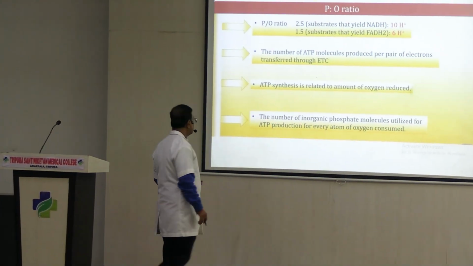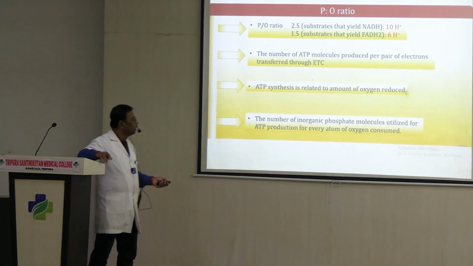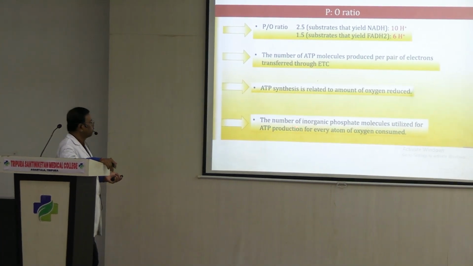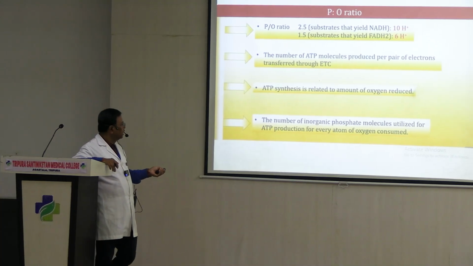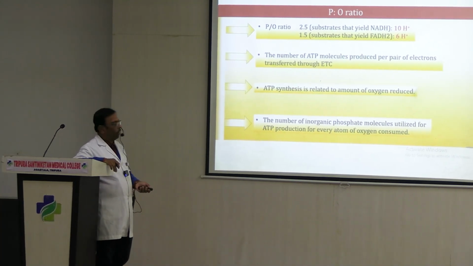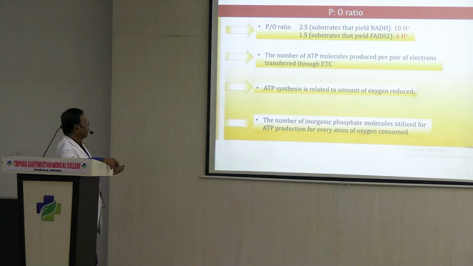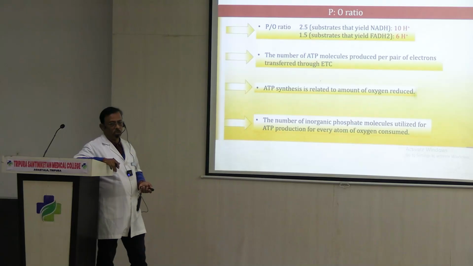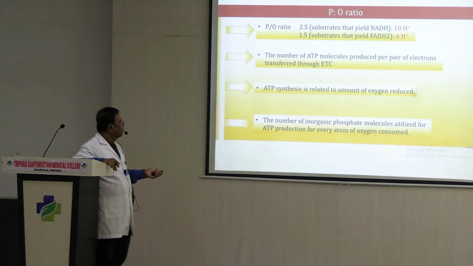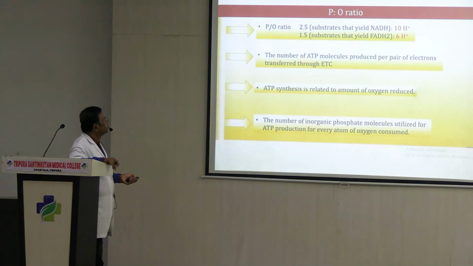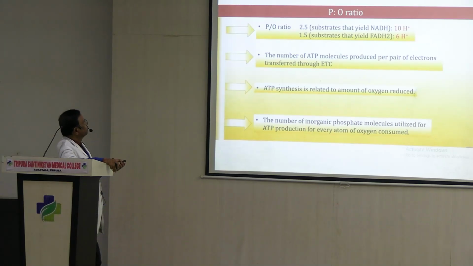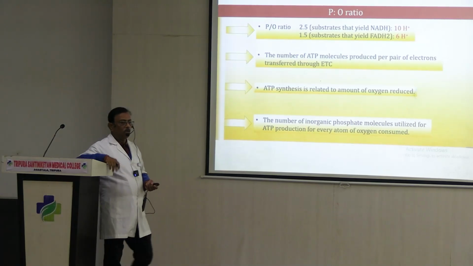This is the number of inorganic phosphate molecules utilized for ATP production using the electron transport chain by oxidative phosphorylation, for every atom of oxygen consumed.